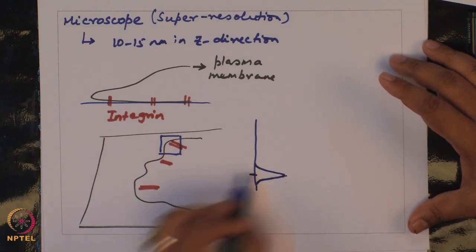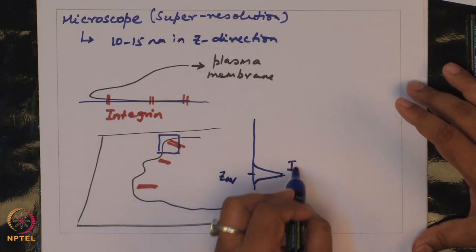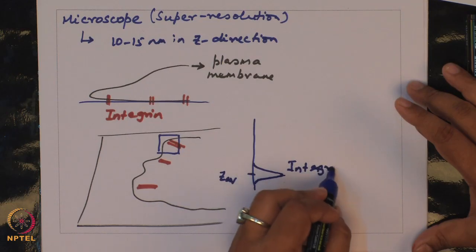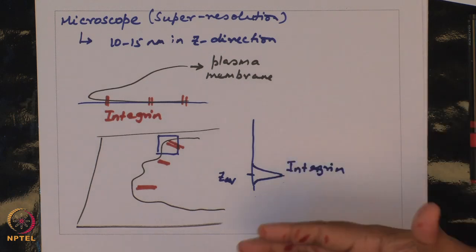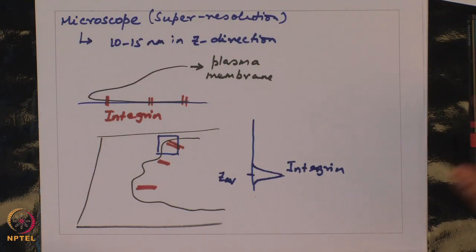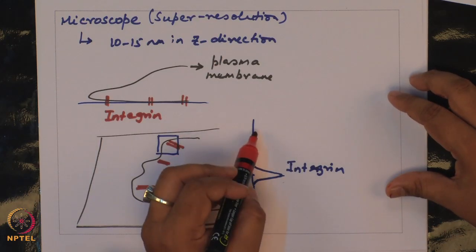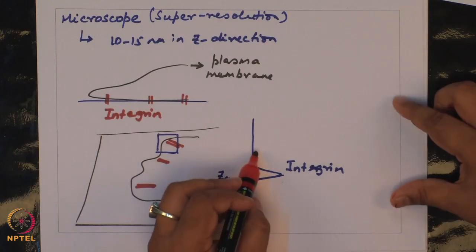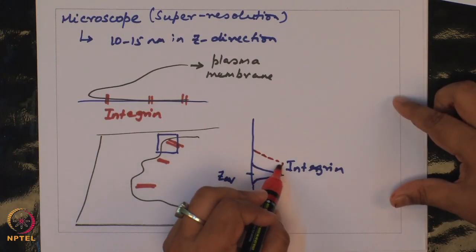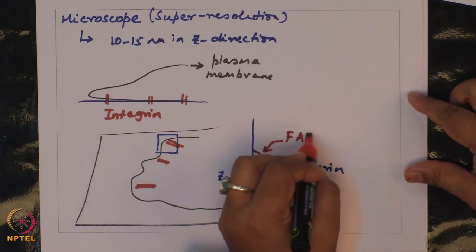And you can find out the z average of integrin. Similarly, you can label one by one. Compared to integrin, if you were staining with, let us say, paxillin or FAK, you would get a signal like this. So, this would be FAK or paxillin.